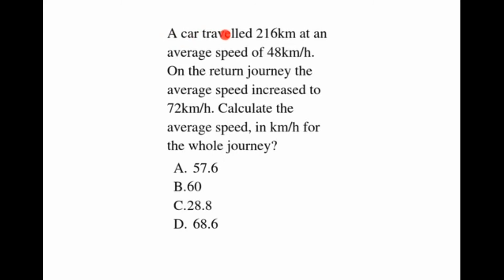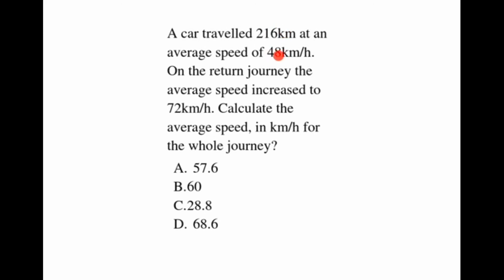A car traveled 216 kilometers at an average speed of 48 kilometers per hour. On the return journey, the average speed increased to 72 kilometers per hour. Calculate the average speed in kilometers per hour for the whole journey. First, this is the distance, 216 kilometers.